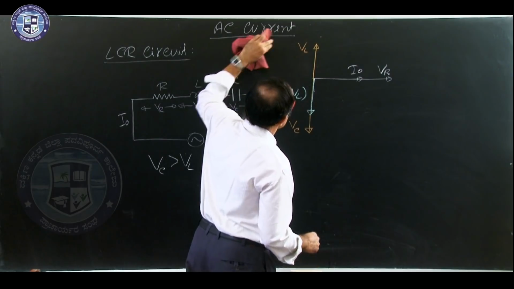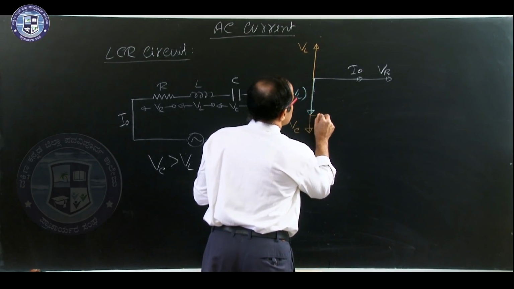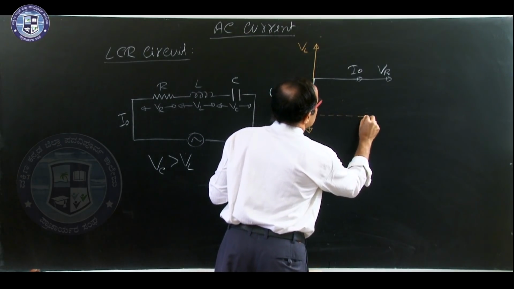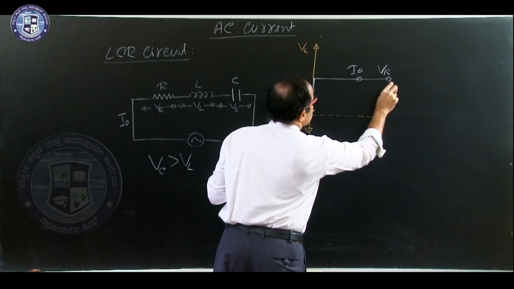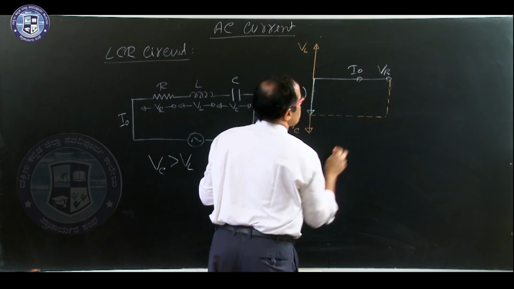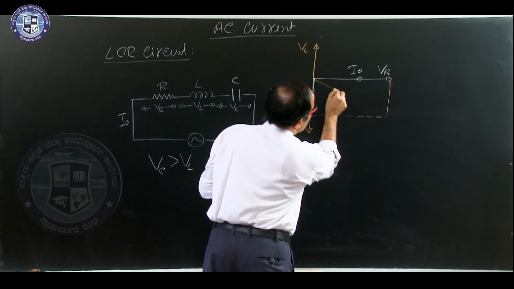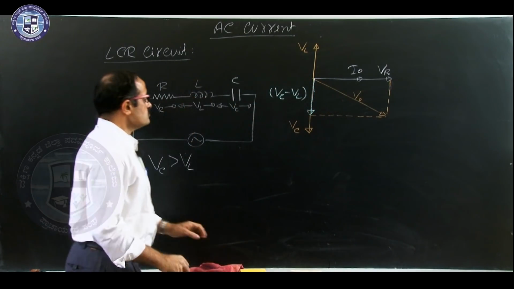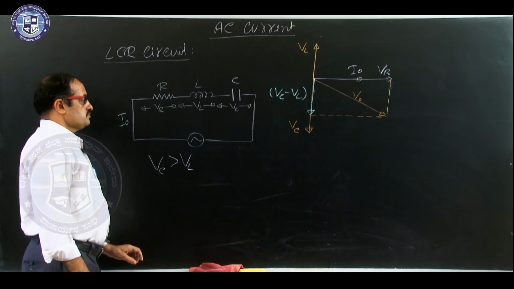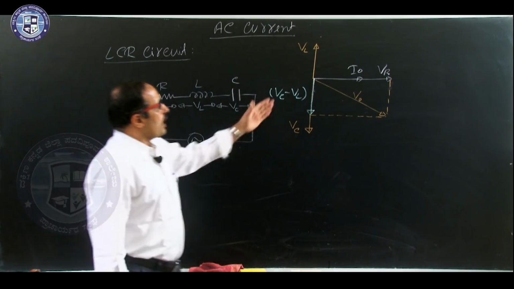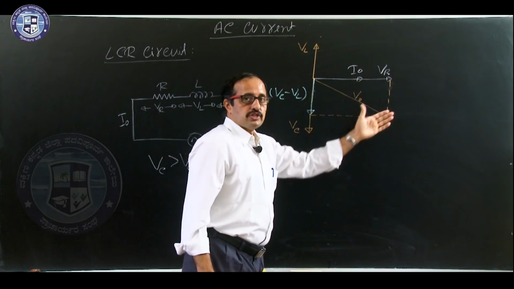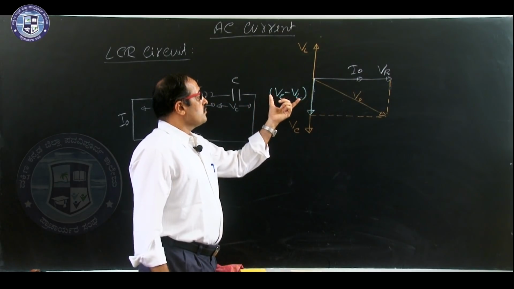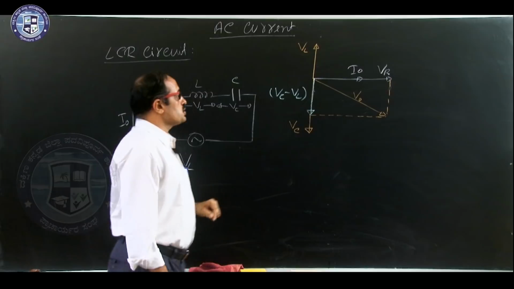Now, we complete the parallelogram, means in this case it is a rectangle, and this is the applied voltage V naught. So, as usual you apply Pythagoras theorem, and here we get Vc minus Vl.